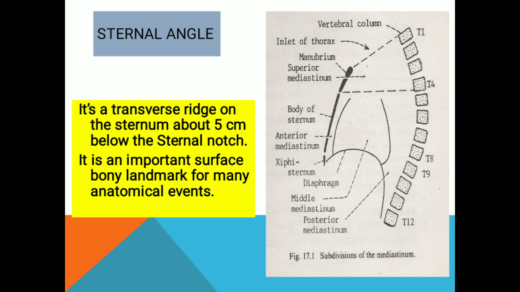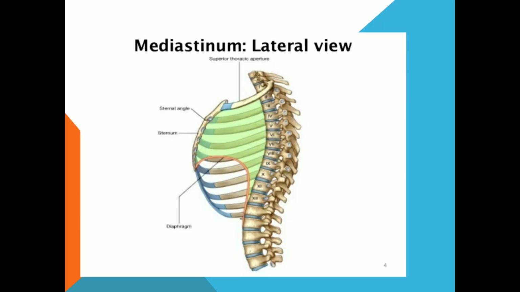It is a transverse ridge on the sternum about 5 centimeters below the sternal notch. The notch is this part. It is an important surface bony landmark for many anatomical events. You can even feel it: from the sternal notch, going below, the angle you feel is called the sternal angle.